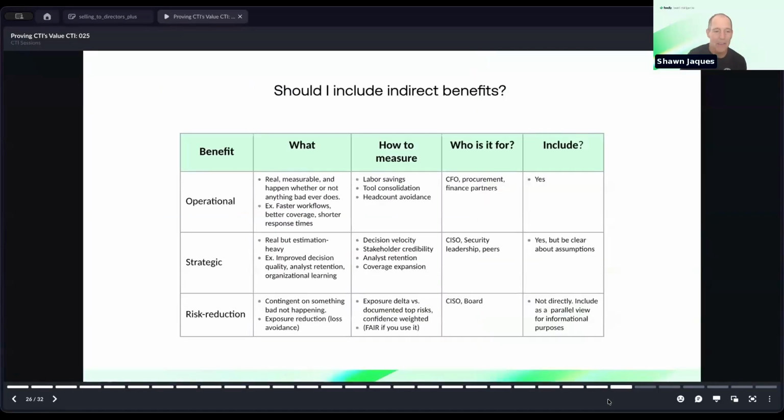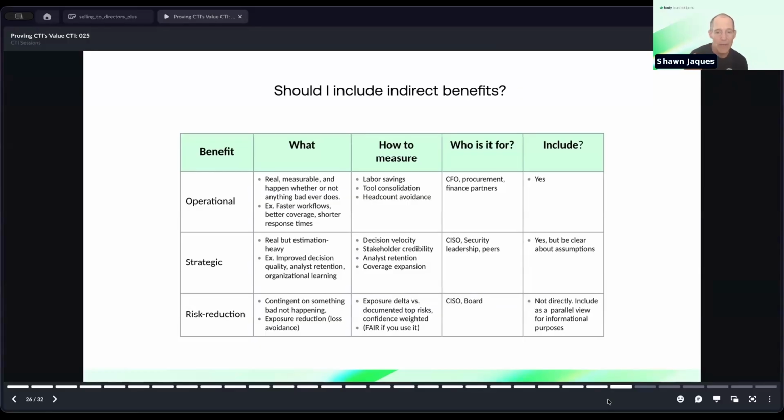Let me talk a little bit about some of the different things to measure. Like that last chart, if you're looking at operational, these are real, measurable things. They happen, and they're not dependent on some event like somebody attacking you. You measure them in terms of things like labor savings, tool consolidation, headcount avoidance, things that are more concrete.